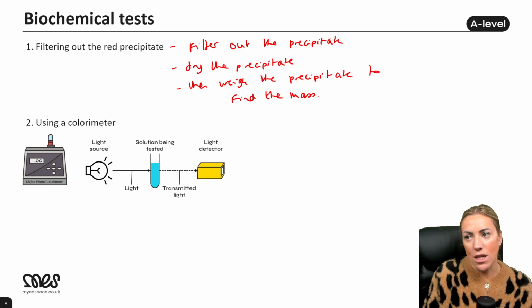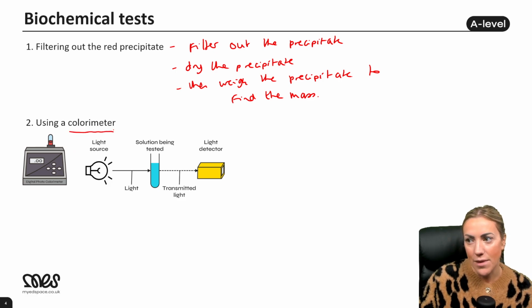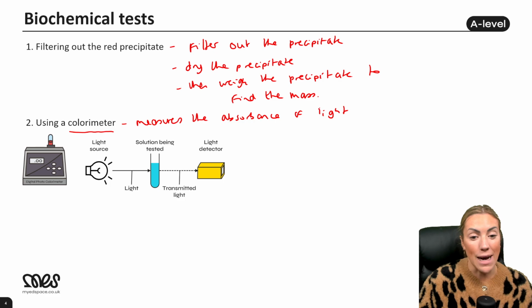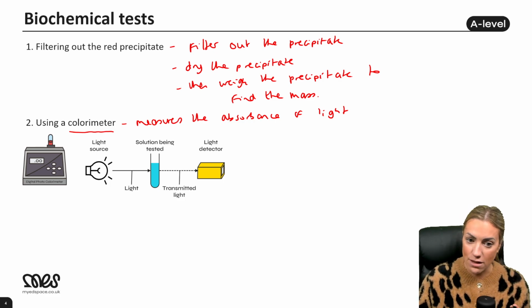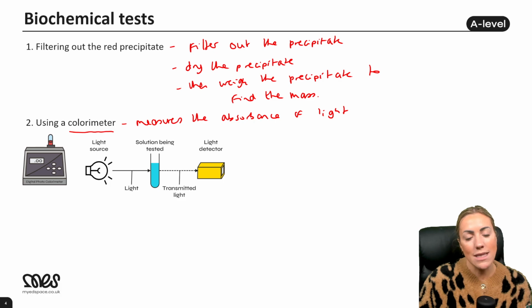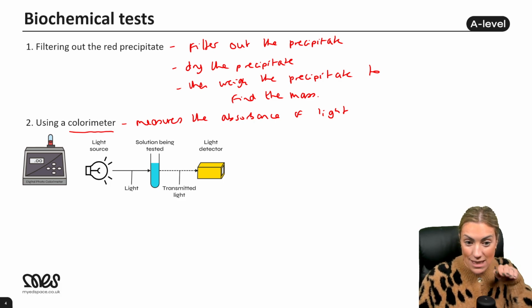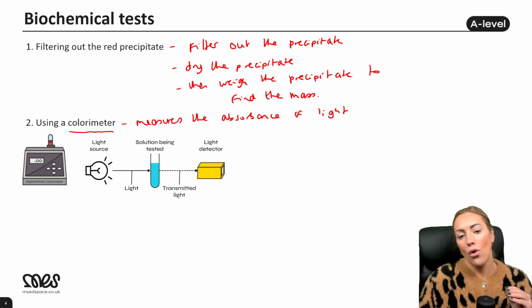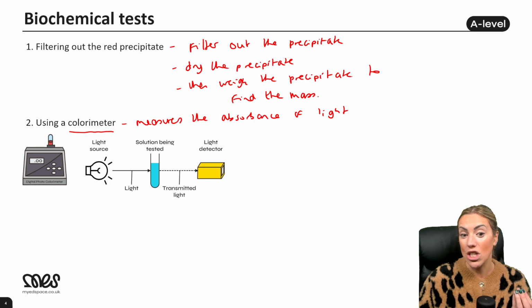The other thing that we can do is use a colorimeter. A colorimeter measures the absorbance of light by a solution. In fact, you can also use it to measure the transmission of light. So you can use a colorimeter to measure how much light gets transmitted through a solution, or how much light gets absorbed by the solution.